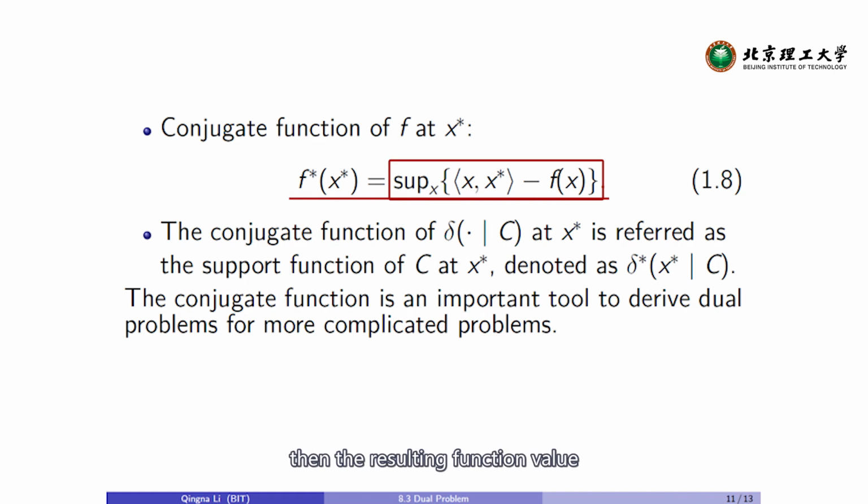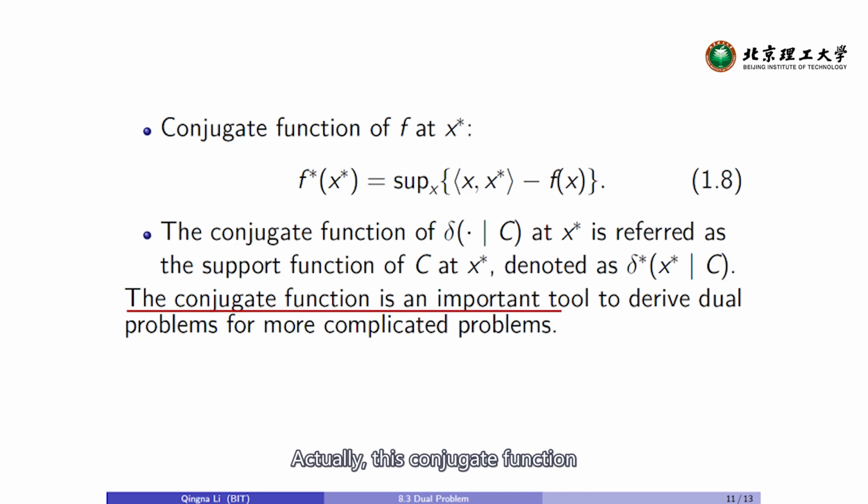Then the resulting value will be the conjugate function value at x star. Here x star lies in the dual space of x. So this is the conjugate function of f at x star.